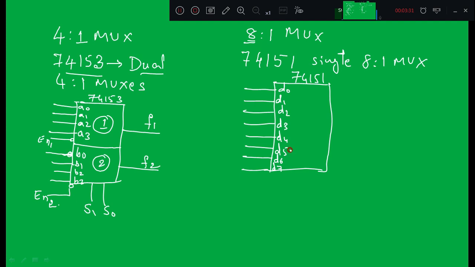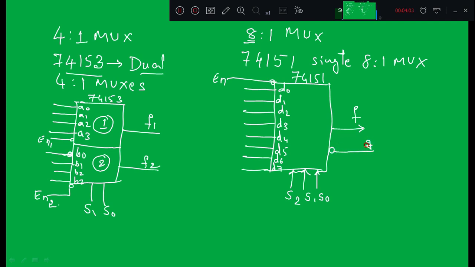It also has one enable pin, which is again active low. And how many select lines do we require? We require a total of 3 select lines. So it has 8 data lines, 3 select lines, and it has 2 output lines, one active high and one active low.